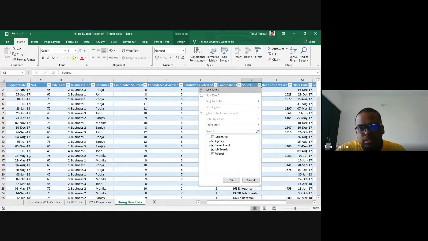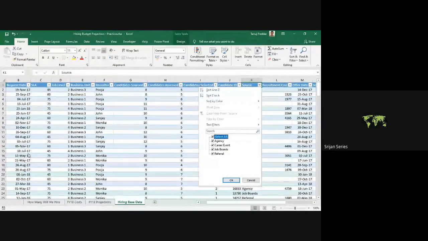Now, why is this source important? Have you guys had any sessions on sourcing in the recruitment section in the staffing and talent acquisition subject? We are doing a course on staffing right now, sir.